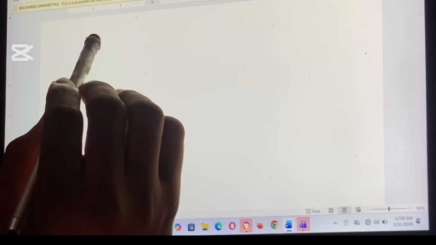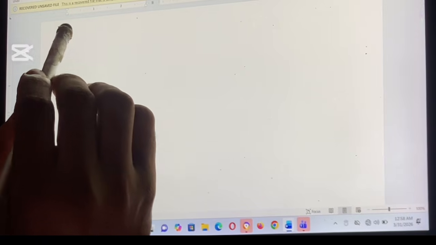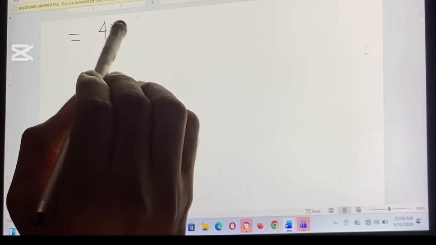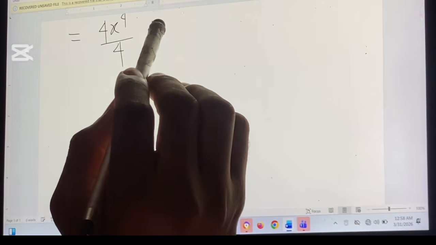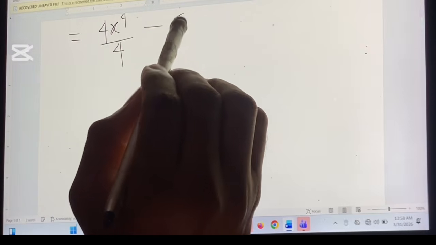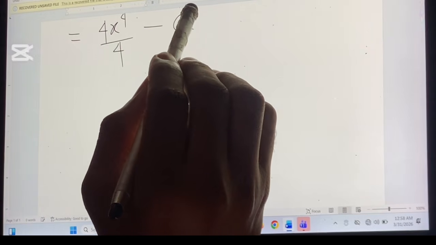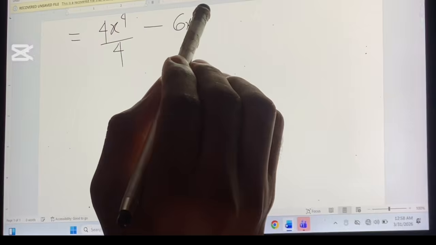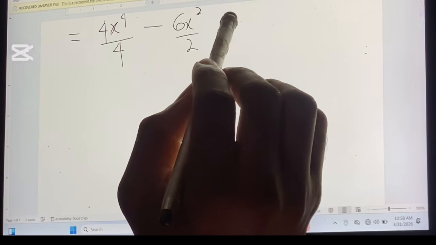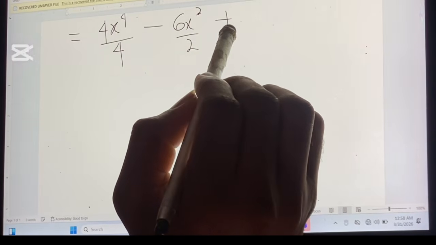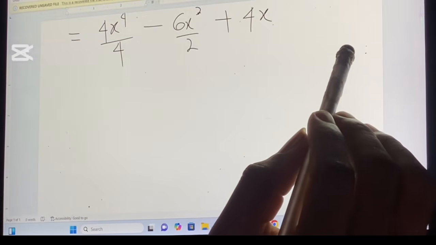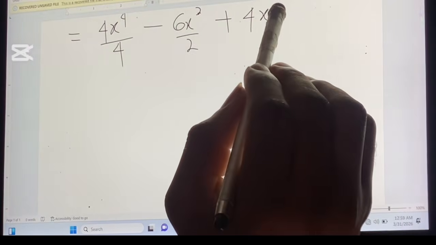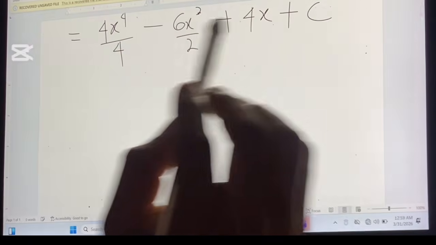We have 4s, 3 plus 1 is 4, over 4, minus 6s raised to the power of 1 plus 1 is 2, over 2, plus 4s. The integral is an indefinite integral, so I'll add c.